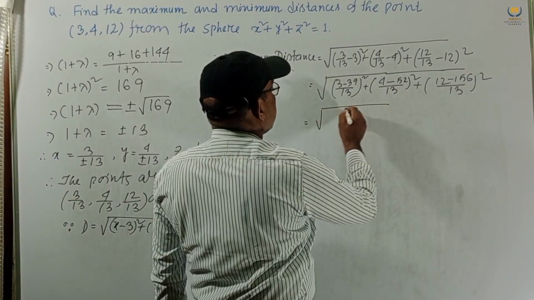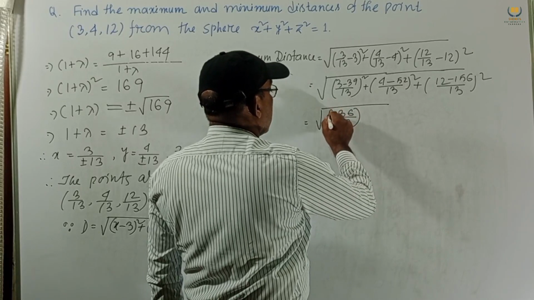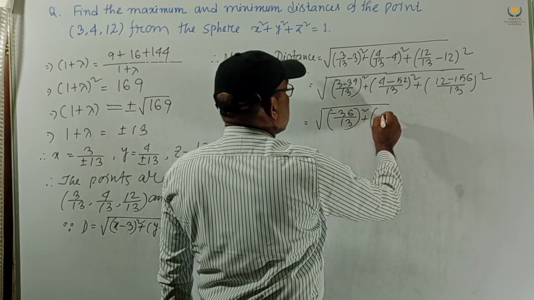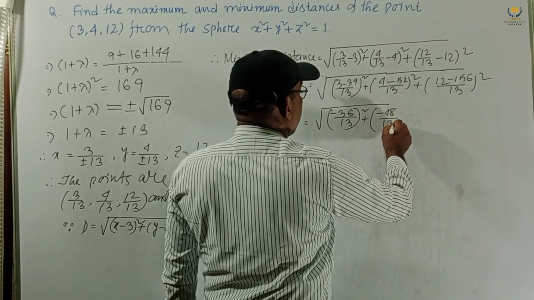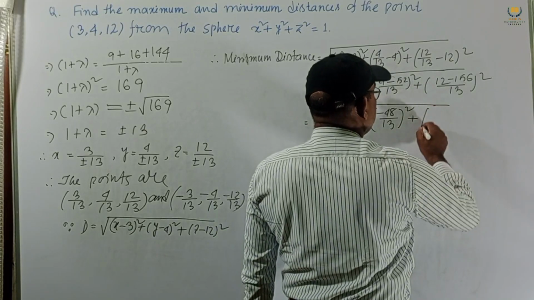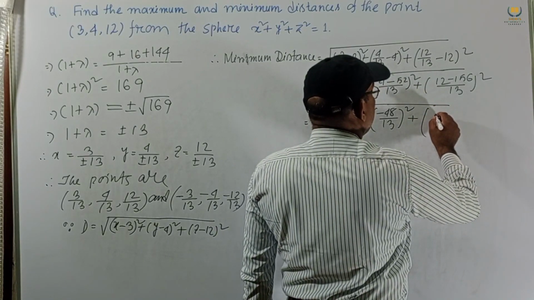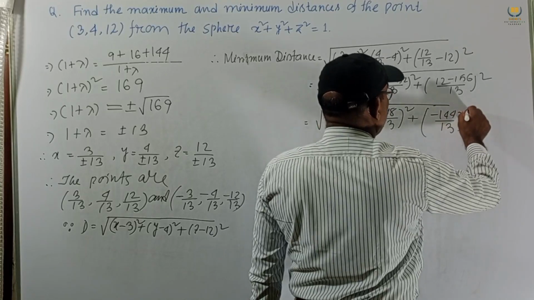Then this will be minus 36 by 13 whole square, minus 48 by 13 whole square, and minus 144 by 13 whole square.